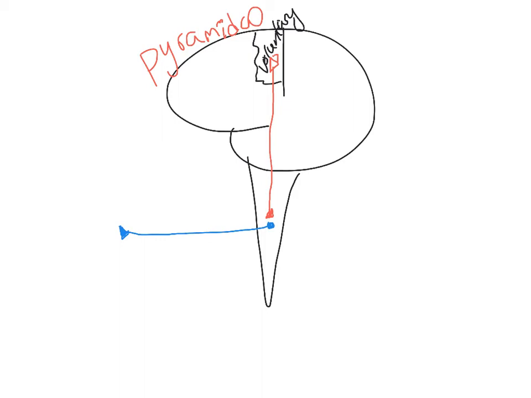The one that's completely inside the central nervous system, we call an upper motor neuron. And the one that starts in the central nervous system but goes out to the effector, we call a lower motor neuron. So we only have two neurons to deal with in the somatic motor pathway.